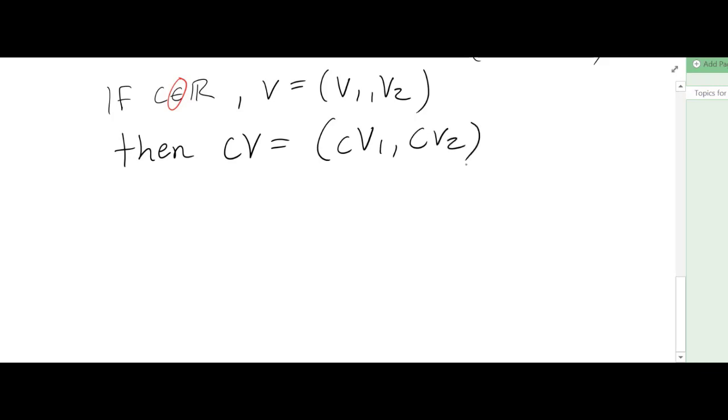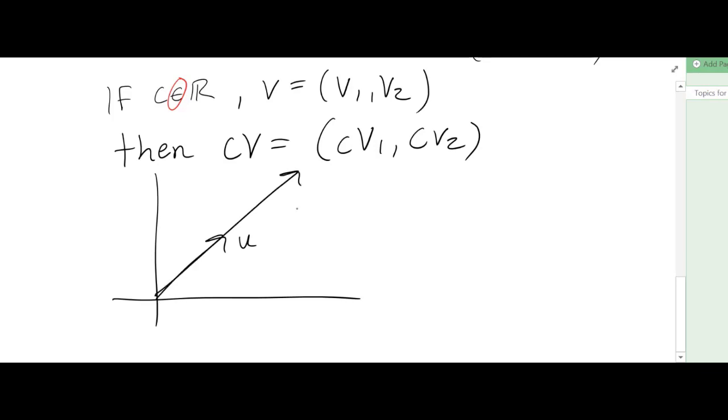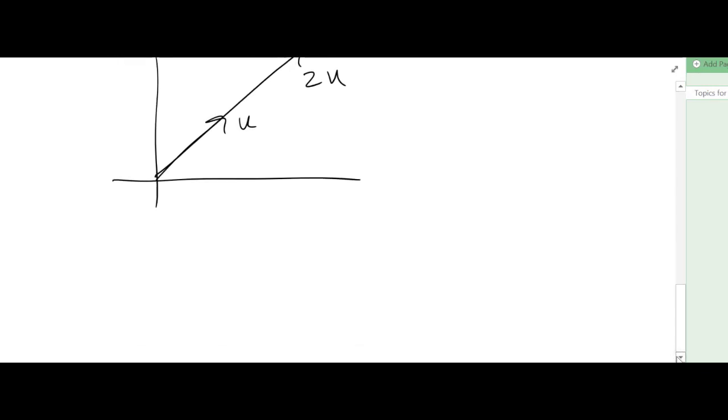It's called scalar multiplication. So that also has a visual interpretation. If this is u and c is 2, this would be 2u. It makes it longer. Or you could have negative u, or 1/2 u. So there's some basic things.